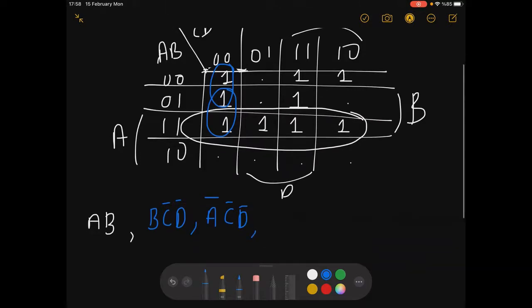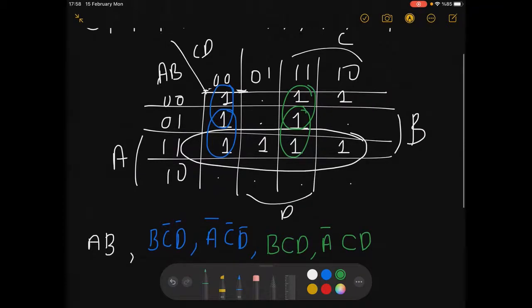Okay. How about some others? This one and this one. What are they? So they are B, C, D, and the one above is A not, C, D.